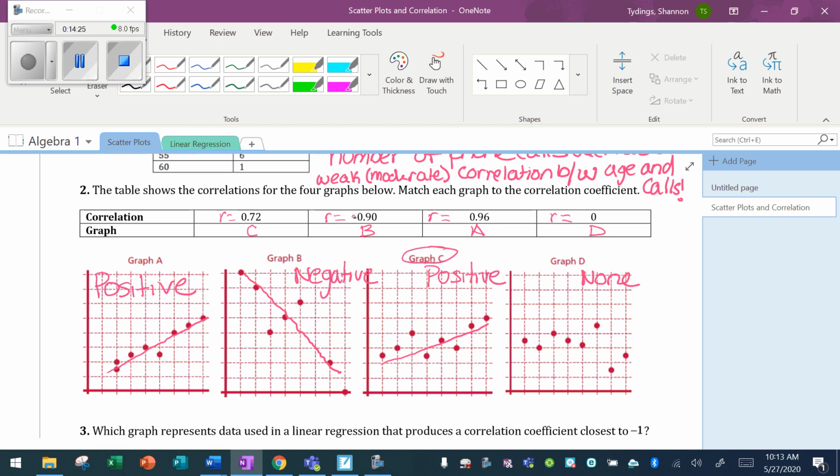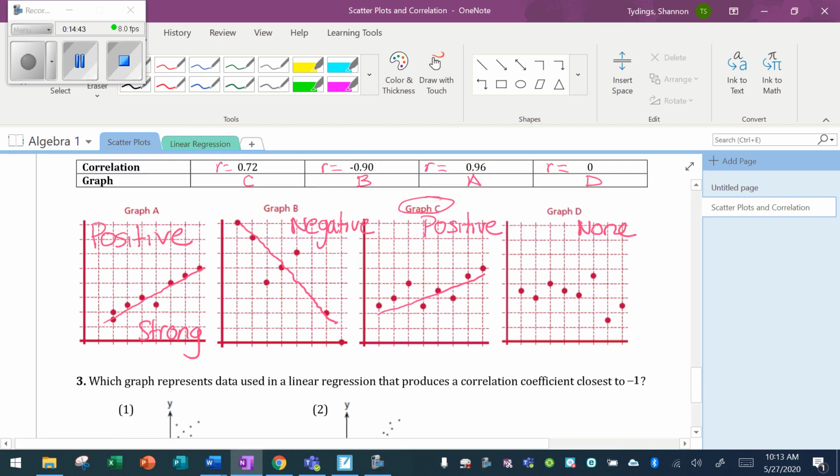Graph A, again, is really close, so this is very close to being perfect. And graph D, there's no correlation to that, so that's why we say it's 0, because there's no line of best fit. There is no correlation between the two. Okay, perfect. We have one other example.